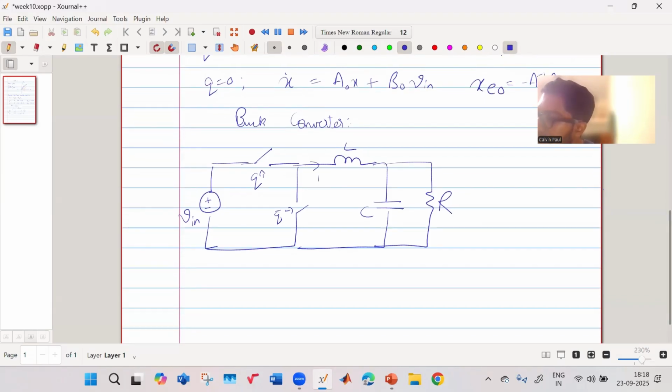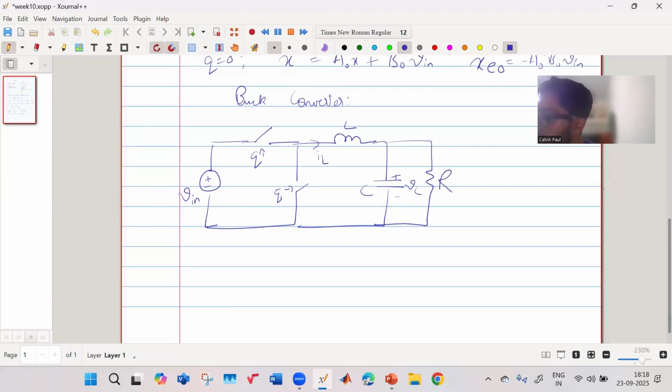So you have your inductor. This is your inductor current. This is your capacitor voltage. Let us construct what your L dIL by dt will be. This is your switch node. This is your output voltage node, right? So what is your L dIL dt? When Q is 1, it is Vin minus V0.